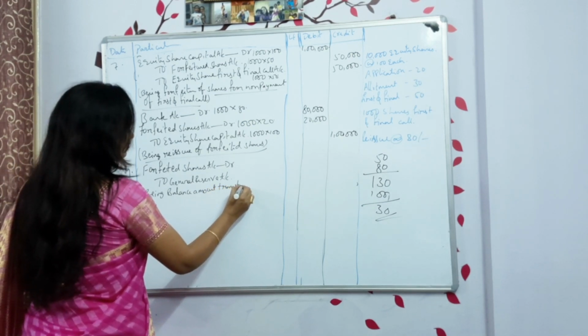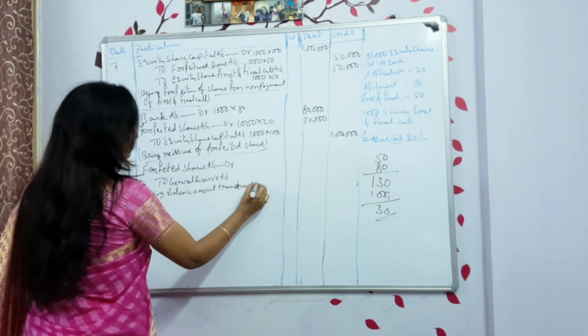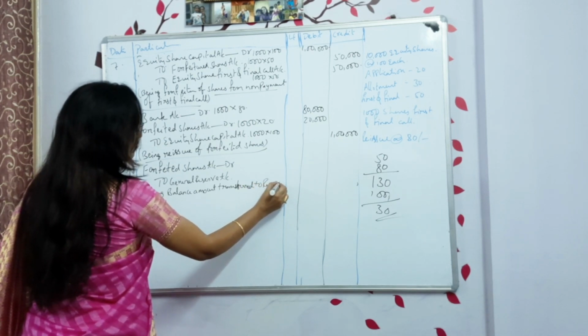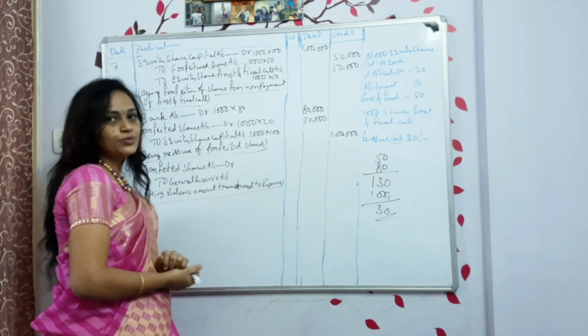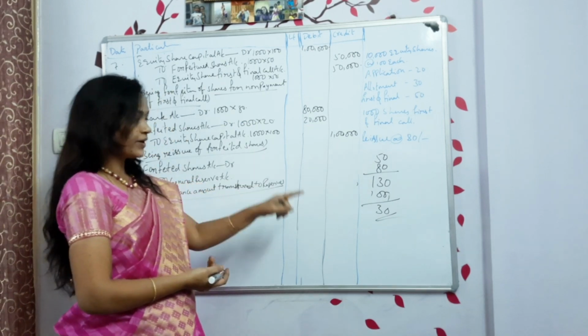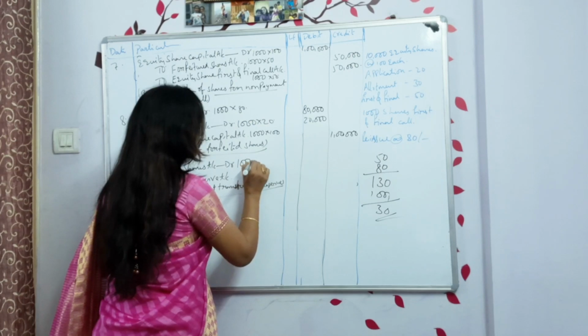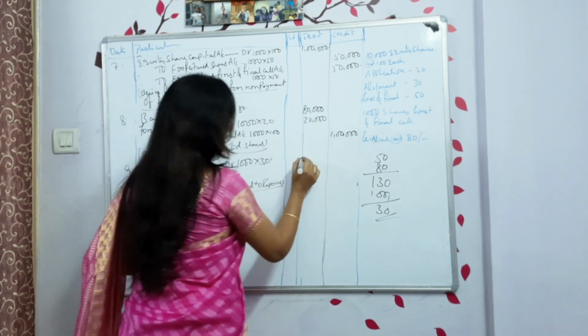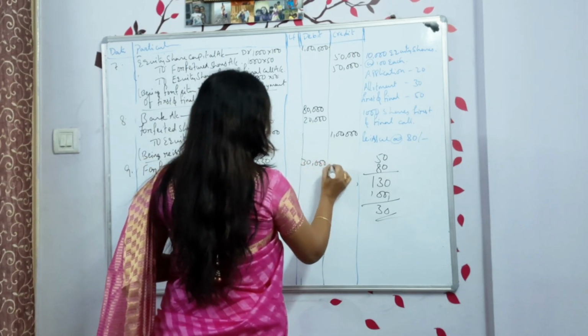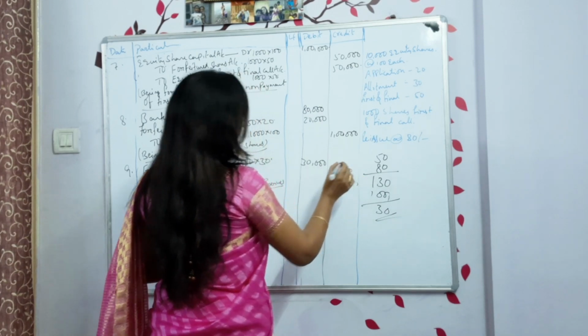Okay. Balance amount have transferred to reserve. Okay. How to find the amount? 30 rupees is extra you got. So 1000 into 30. How much you will get? 30,000.